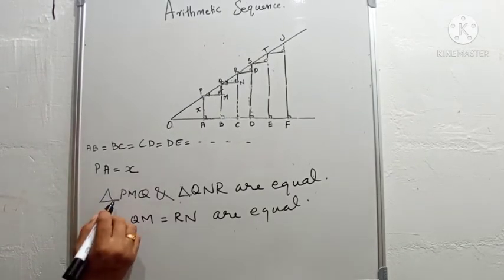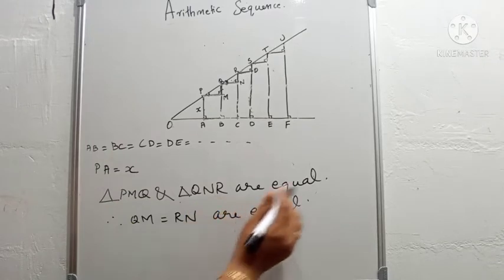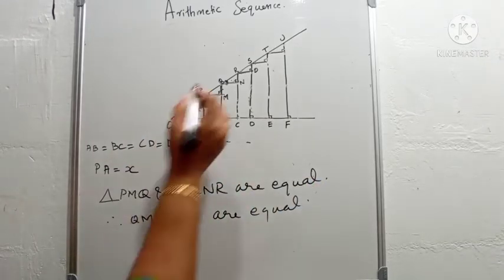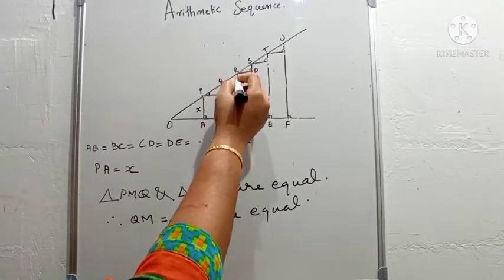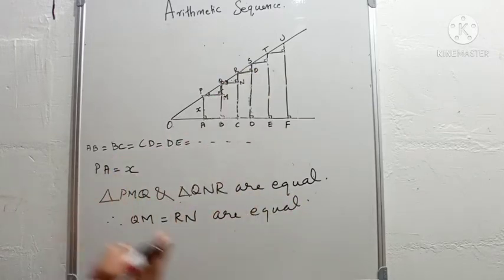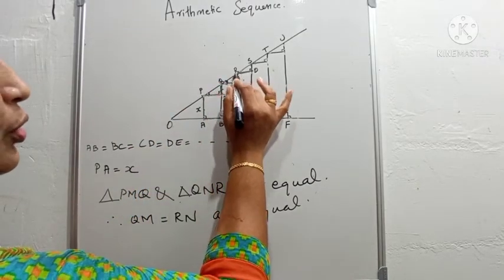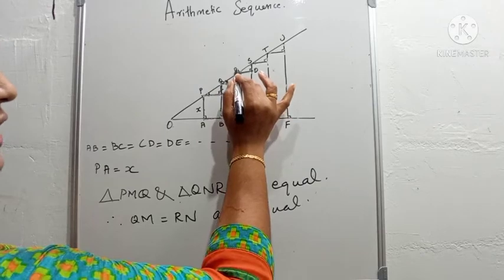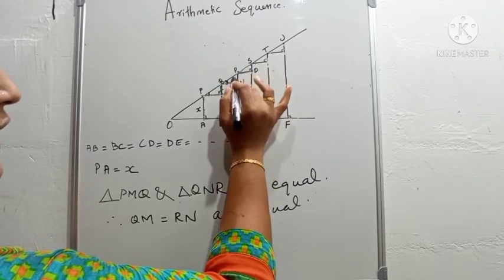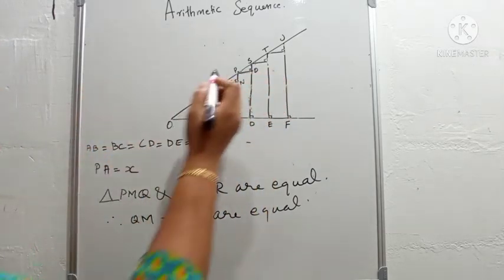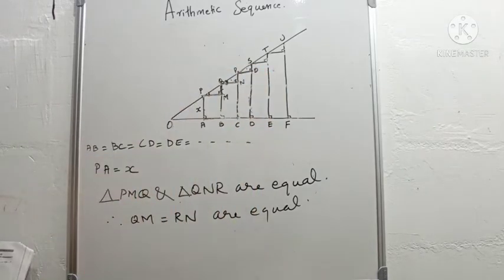So, since triangle PMQ and QNR are equal, we can say that the sides QM and RN are equal because they are the sides opposite to equal angles. Similarly, if we consider the triangle QNR and the next triangle, we have these two triangles are equal.